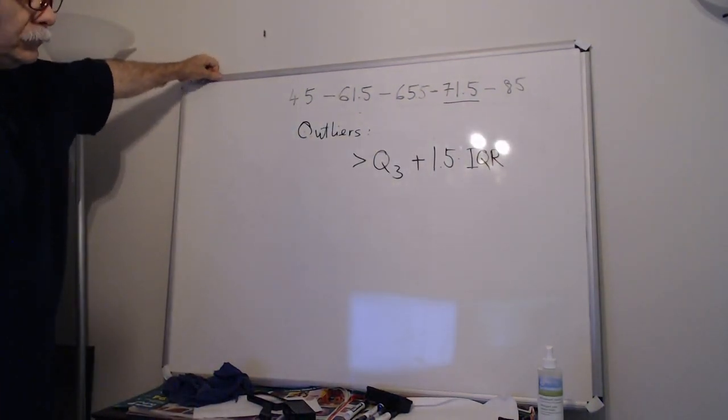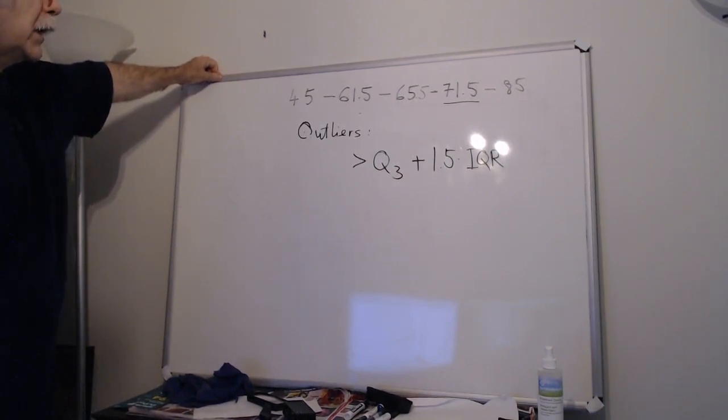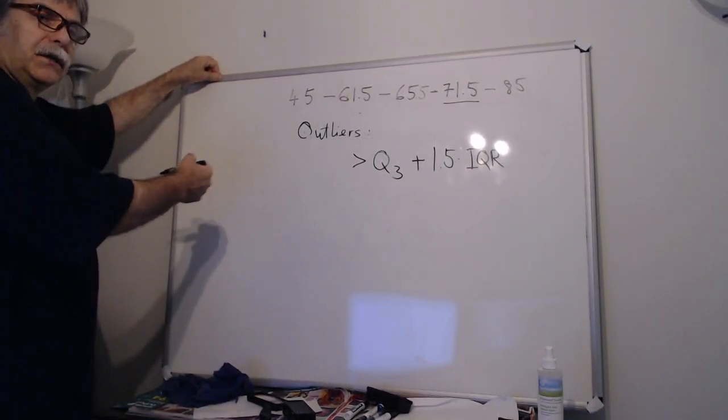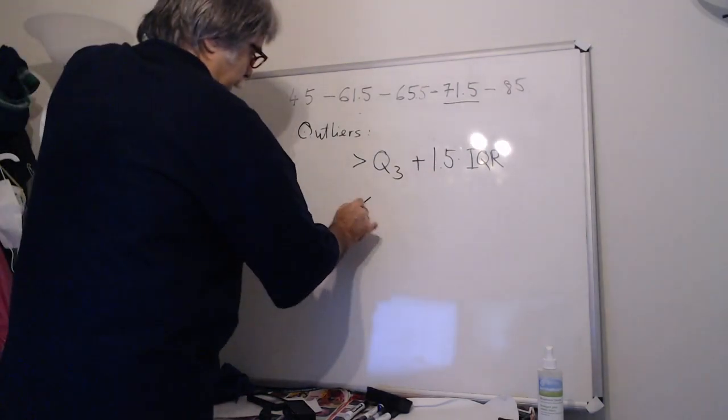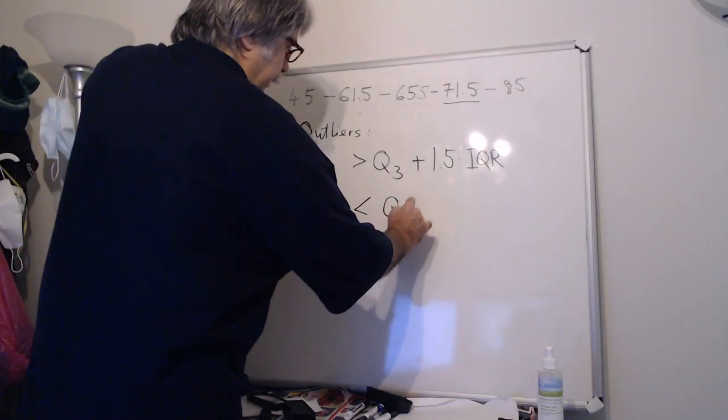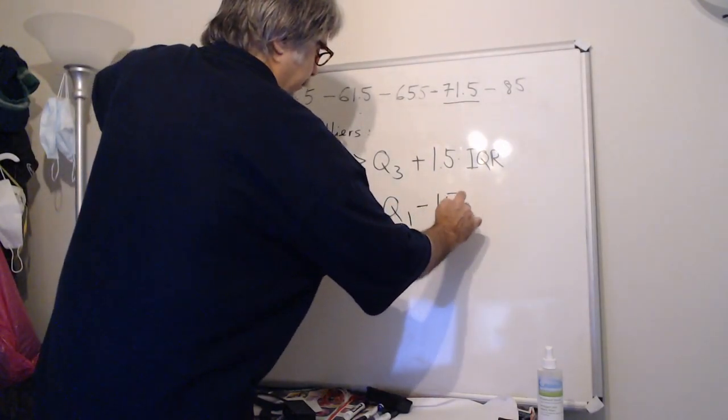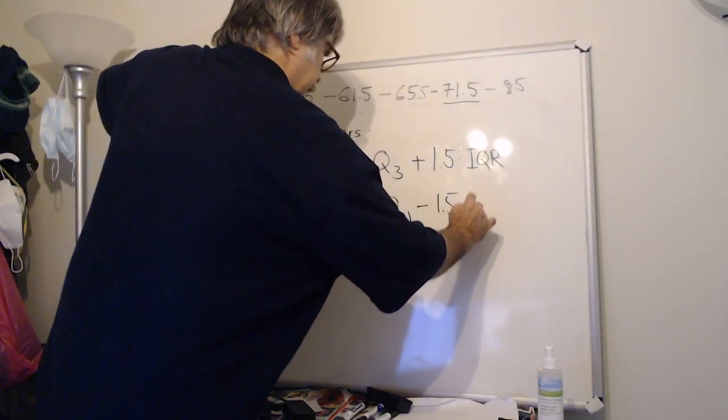Okay? The outliers below, on the lower end of the sample, is anything that is below quartile 1 minus 1.5 times the interquartile range.